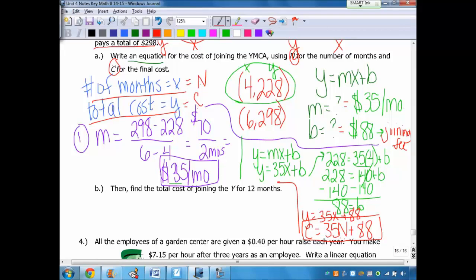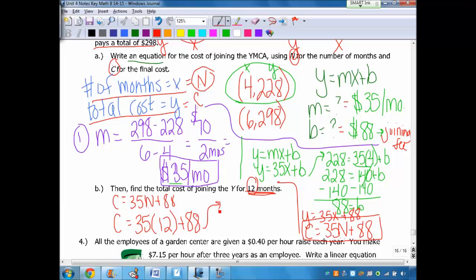Okay, so question B says, find the total cost of joining the Y for 12 months. So we're going to use our equation, C = 35N + 88. Well, the number of months is the N variable, which we figured out earlier. Then every time I see an N, I'm going to replace it with this number, which is 12. I'm going to substitute it in. So C = 35 times 12 + 88.